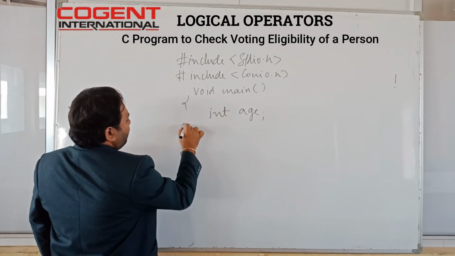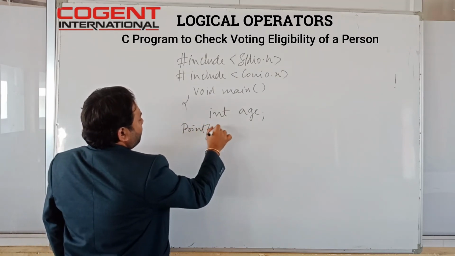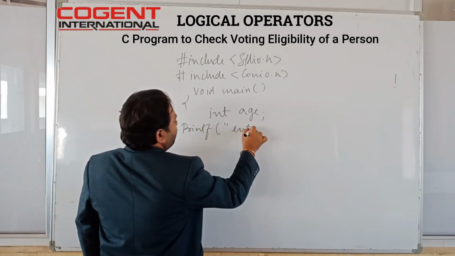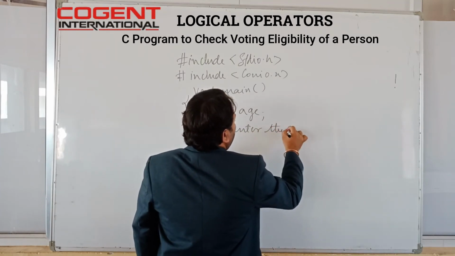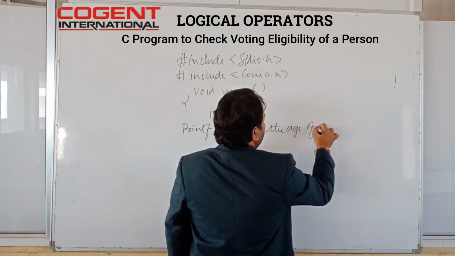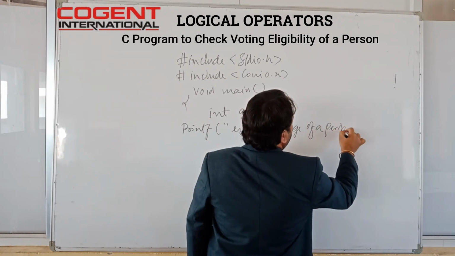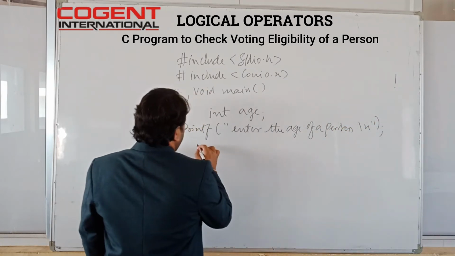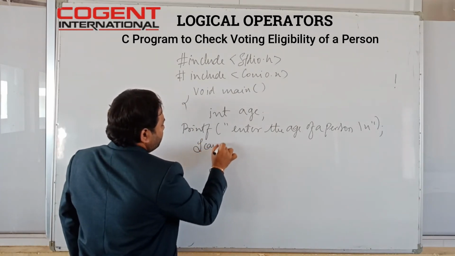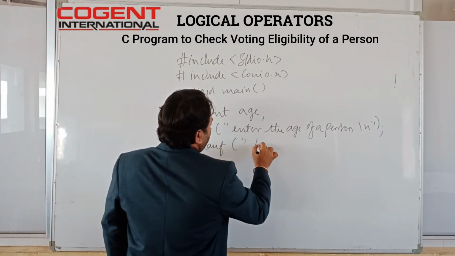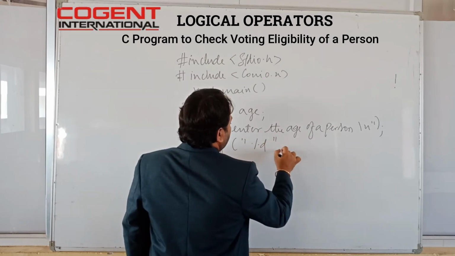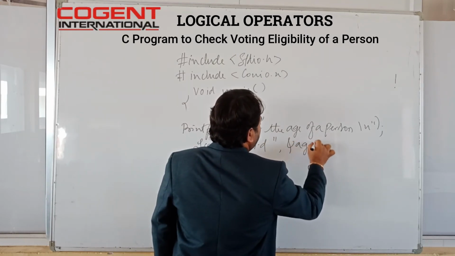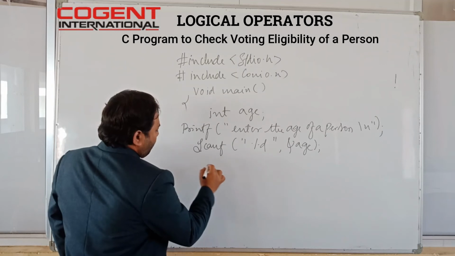Then printf enter the age of a person, with the new line character. Then read that value, scanf, integer type value it is, and age.